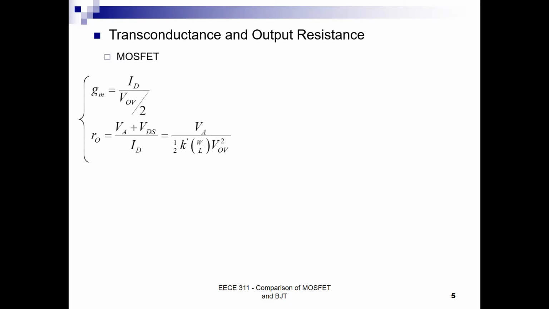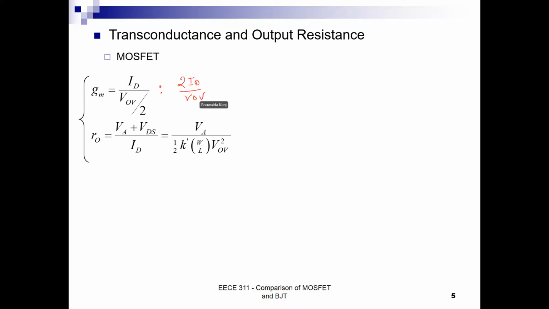Okay, in this scenario we're now going to look at the transconductance and output resistance of these pi models, and how we derive them. So for the MOSFET, we have two parameters. GM is ID over VOV over 2; typically I remember it as 2ID over VOV.